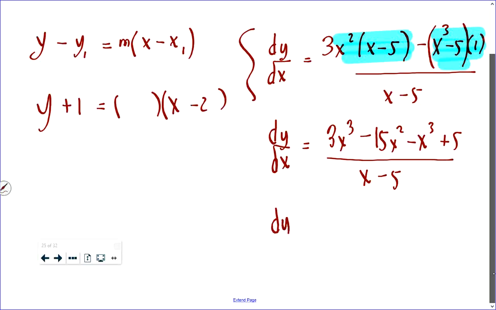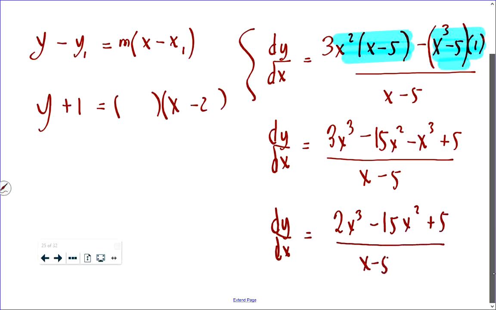Which can be written as dy dx equals 2x cubed minus 15x squared plus 5 over x minus 5. And I did it again. I forgot to square that. Forgot to square it way back here.